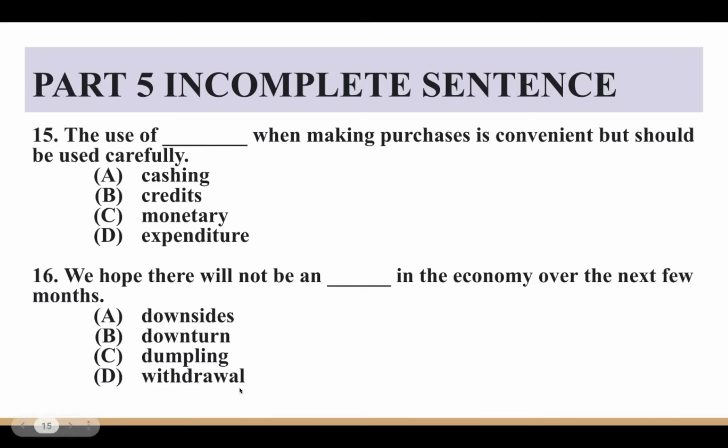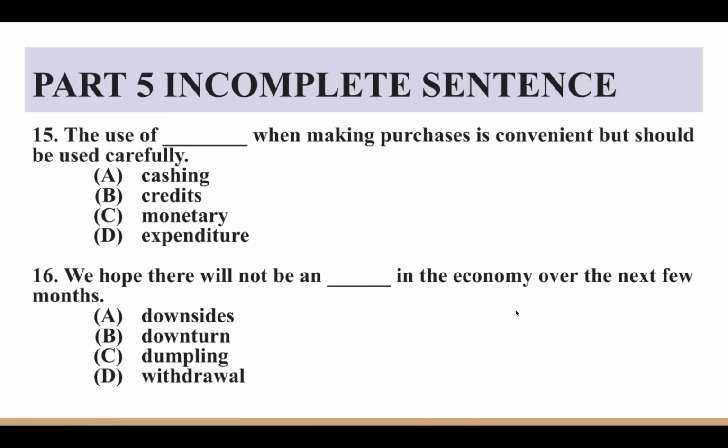It seems that all of these vocabulary items refer to negative meaning, right? Downside means decrease, downturn means reverse or going back to the previous one, dumpling means like up and down, and withdrawal means reduce or reject. So I would say that economy should fit downturn. So the answer will go for B.